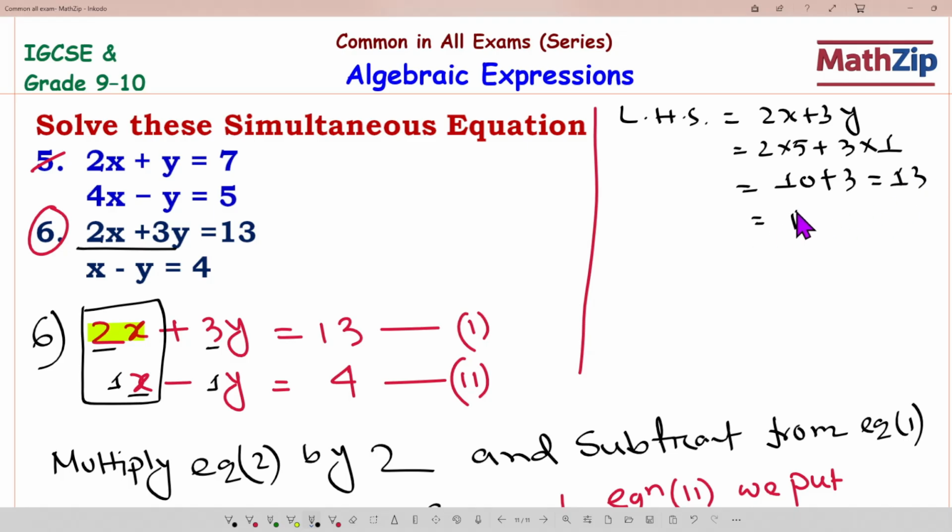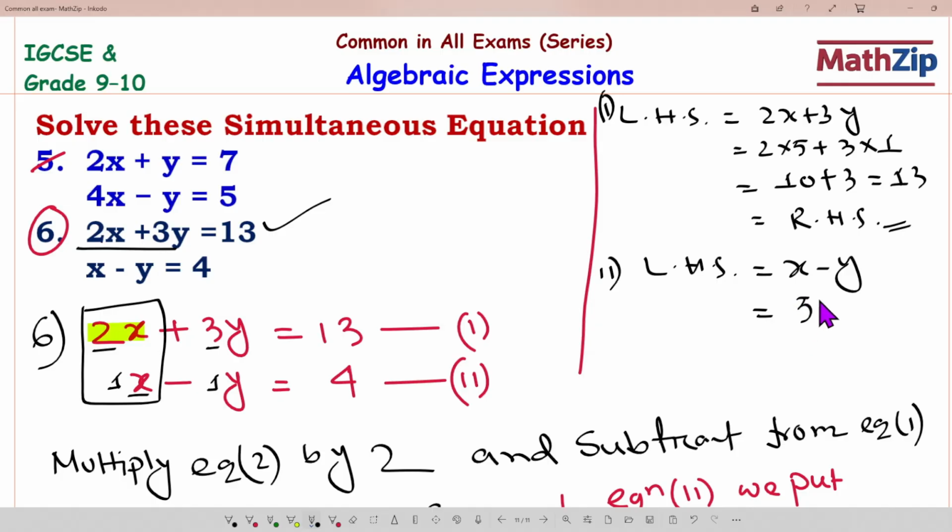Look, right hand side also 13. Similarly, this is equation 1, and what about equation 2? Here is left hand side x minus y. x means 5 minus y means 1, so it becomes 4. So right hand side also 4.